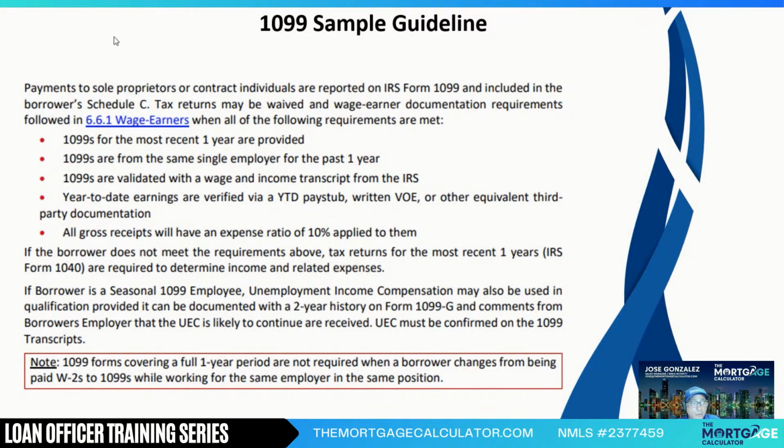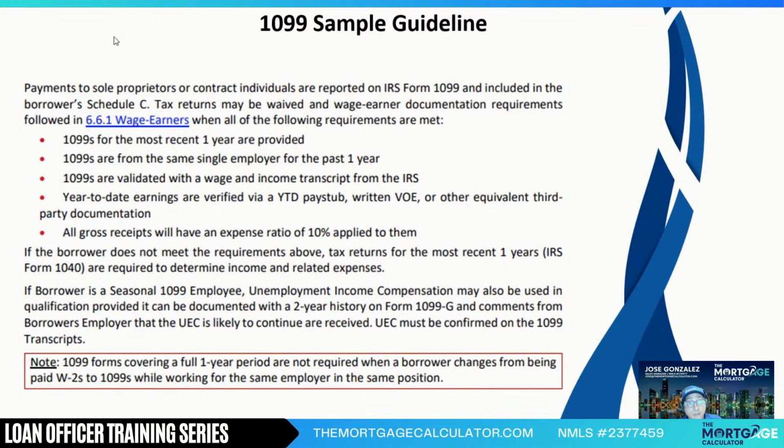So we have to review all the guidelines and make sure whoever's buying the loan, that we abide by their guidelines so that they will buy the loan, right? Simple as that.